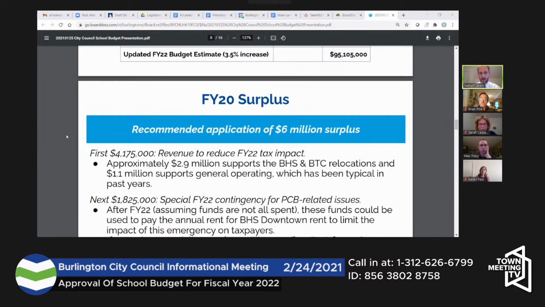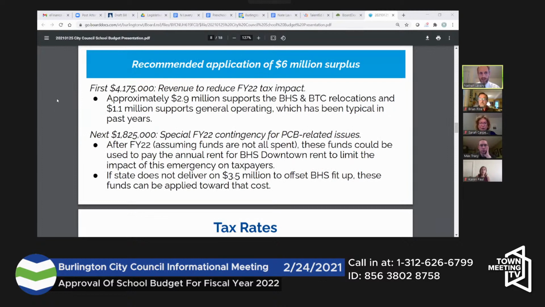And one other thing that's important to note about that budget is it includes application of over $4 million of surplus funds. Those are reserves the district had largely from savings associated with closing down through the middle of last school year, almost in March last school year, due to COVID. So we had substantial savings associated with that.